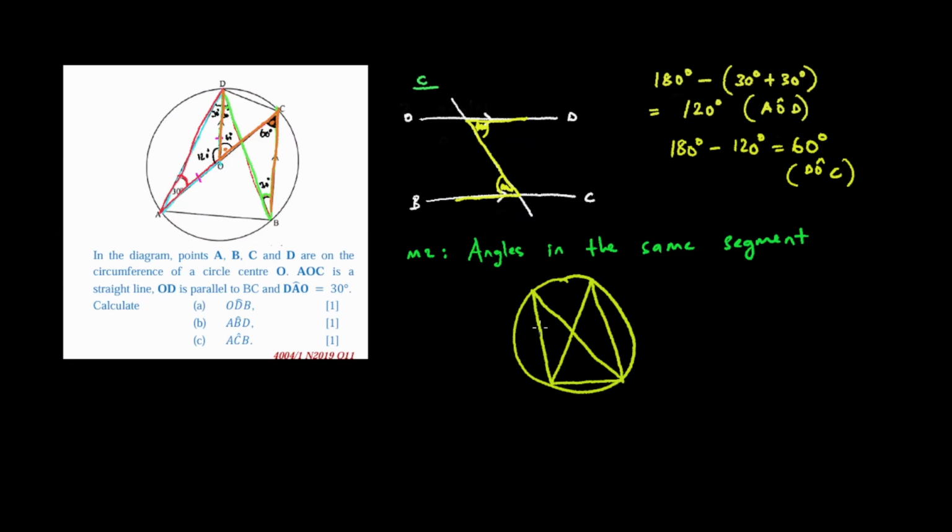And saka angles in the same segment inge chitiudza kuti this angle is the same as this angle, because tinenge taona kuti these are angles in the same segment if I am to trace like this.